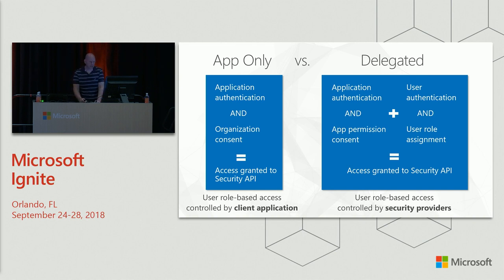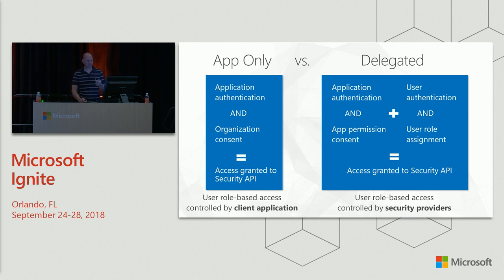The other mode is delegated, and this is what we've assigned these roles to for this Wizard application. In this context, the application, again, does need to be granted by the tenant administrator, but in this case, when it presents itself to the API, it's going to present its app and app secret, but it's also going to present the user that's using it. And so what we'll do in the API is check that the user has a certain role in the directory.